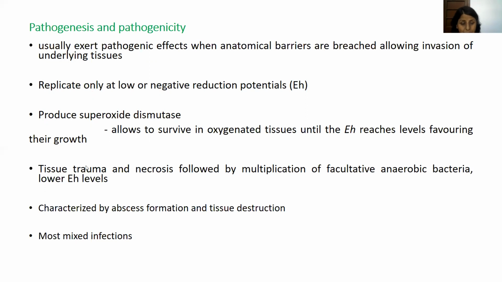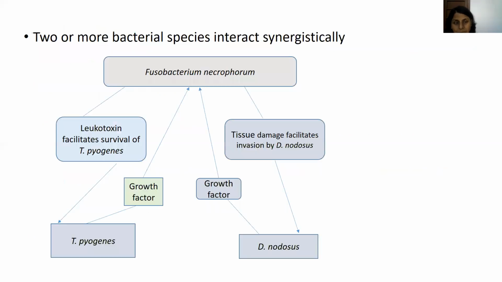Tissue trauma and necrosis, followed by the multiplication of facultative anaerobic bacteria, lower the oxidation reduction potential, and then favor the conditions for the growth of these anaerobic bacteria. Their growth in the tissue is characterized by abscess formation and tissue destruction, and generally they are found in mixed infections.